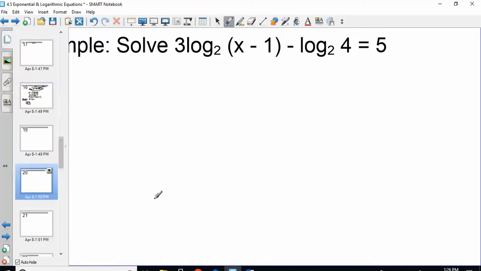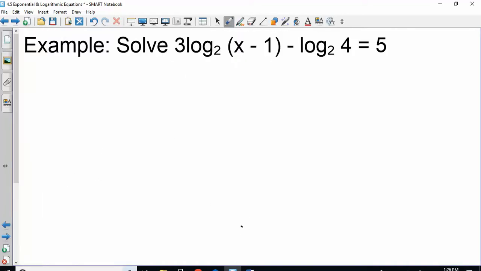Let's do this one. So our first goal, if we have multiple logs, we need to condense them.